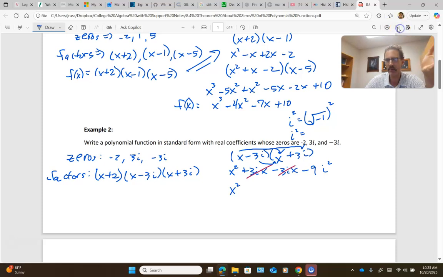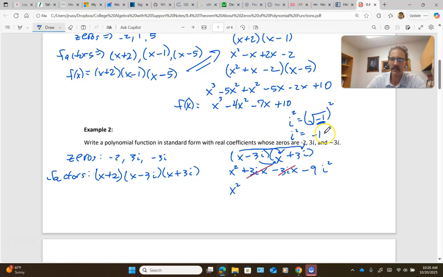Well, what happens when you square a square root? Well, those are inverse operators, okay? Or in other words, they undo each other. So when you square a square root, you just end up with whatever's underneath it. So -1.